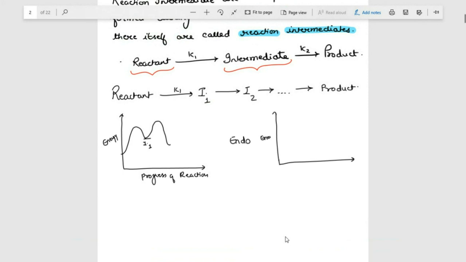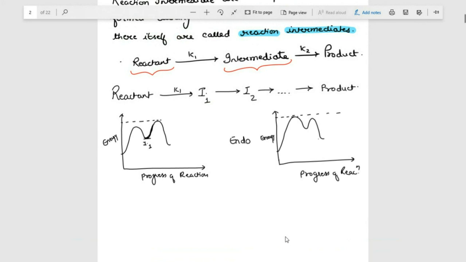Same way, here is the energy, and here is the progress of reaction. Usually this energy is the free energy, delta G. So it is an endergonic reaction. So there are two possibilities. Now you can see in this the second peak is higher, in this the first peak is higher.